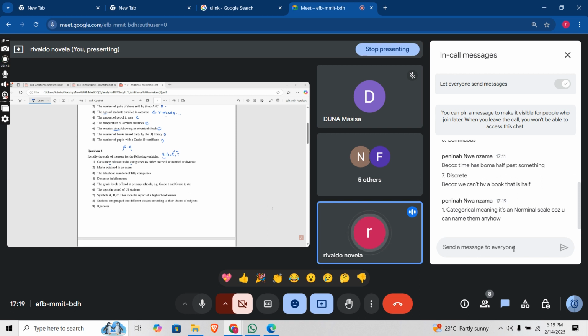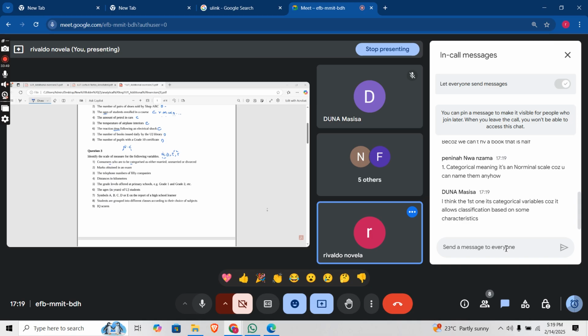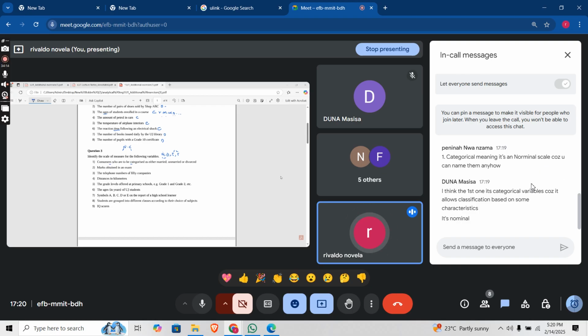Okay, I think I have something in the chat box. Let me just see. Categorical meaning a nominal scale. Penina, you are very correct. Penina says that the data is categorical, so it's a nominal scale because you can name them anyhow.